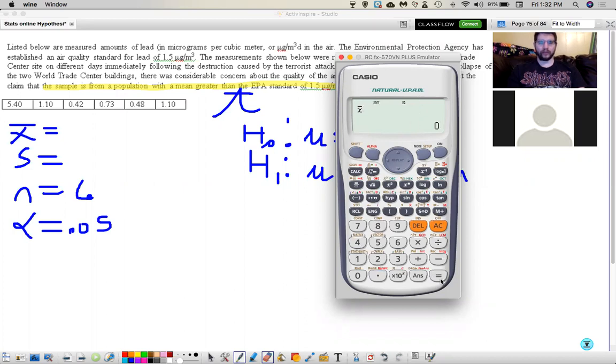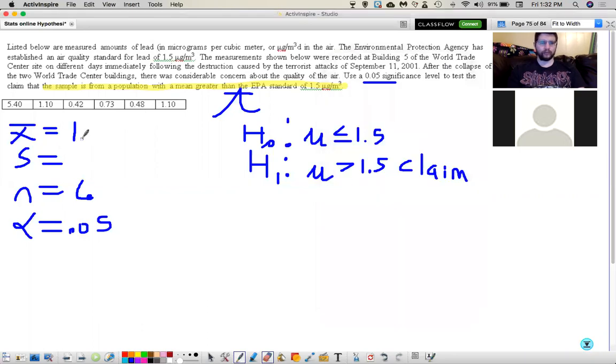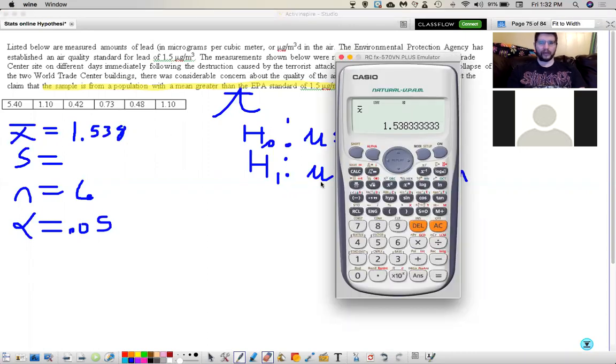So first, I'll grab X bar. 1.53. The data is to 2 decimal places. I'm going to go 3 decimal places. 1.538. And for my actual calculations, I'm going to store that value. So shift, so A. So now I have my mean saved as the letter A. Then I'm going to go to shift 1, number 4 again, SX.